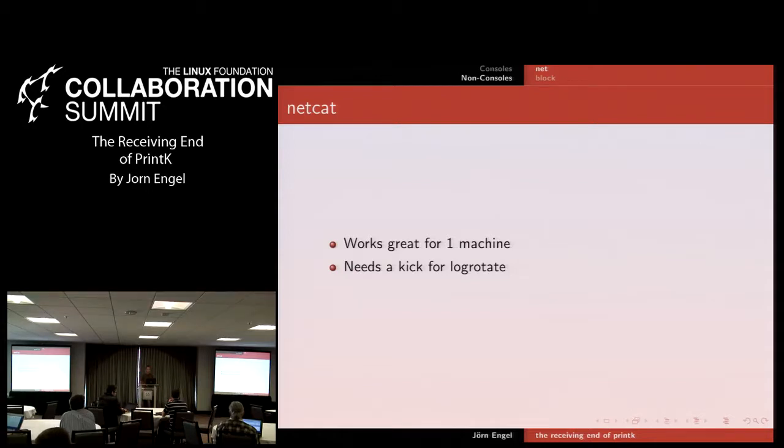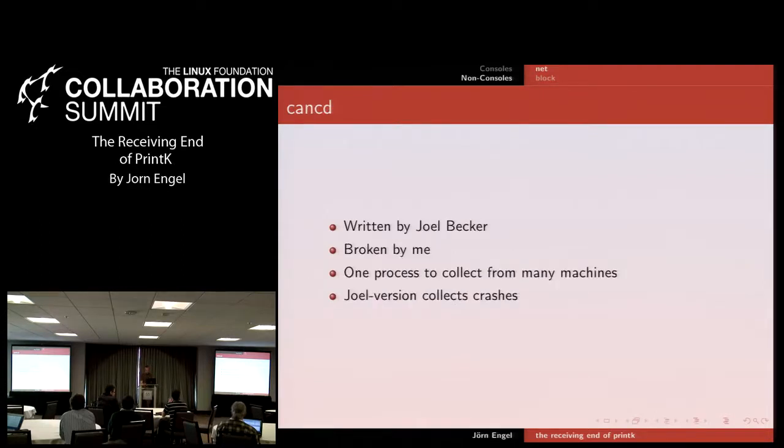If you dump it all to a file and you want to archive the files and you use logrotate, then it doesn't work so well, because logrotate expects that you actually open a new file descriptor, which netcat doesn't do, so you have to kill netcat and restart it again. That means you have a tiny window where you lose data, but it's UDP anyway, so you have all sorts of tiny windows where you might lose data. So it is a bit crumpy, but it is not too bad.